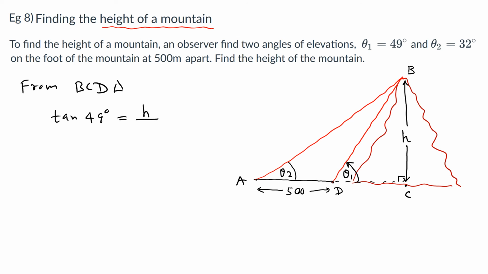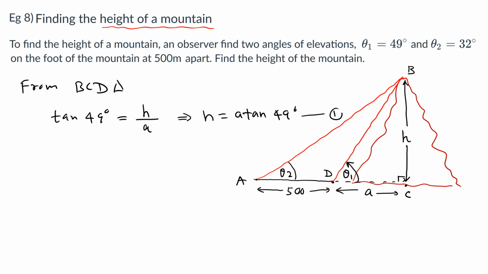I'm going to call this adjacent distance A. So this is A, this is the B point. So it's H over A. So we have this equation, and from this one, by cross multiplying, H equals A tan 49. I'm going to call this equation number 1.